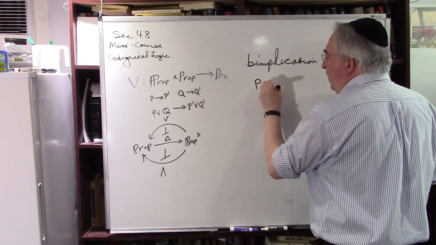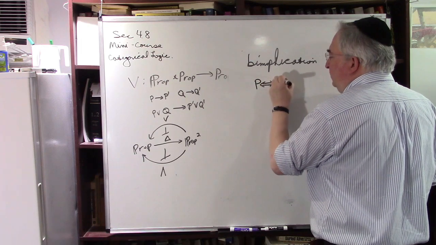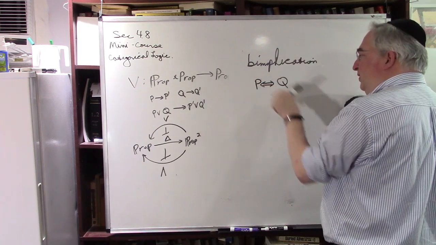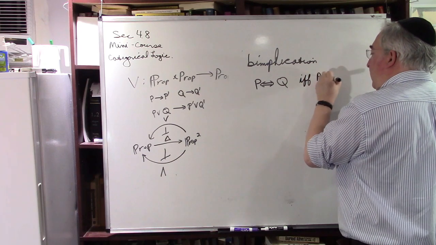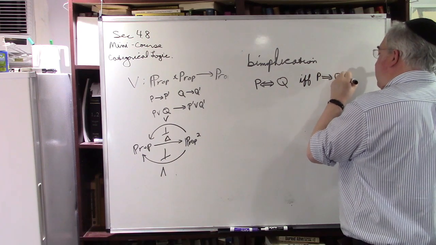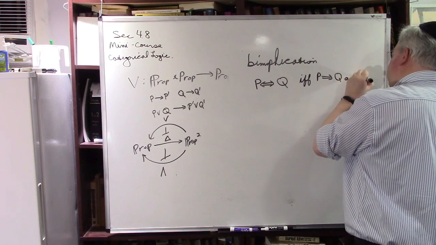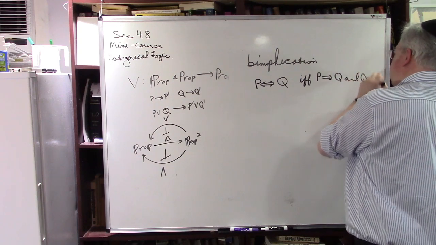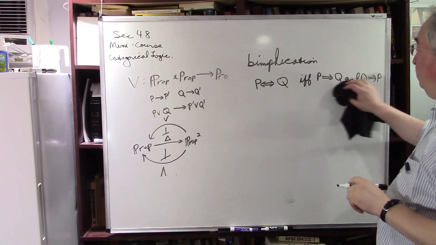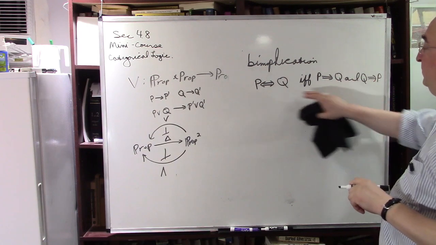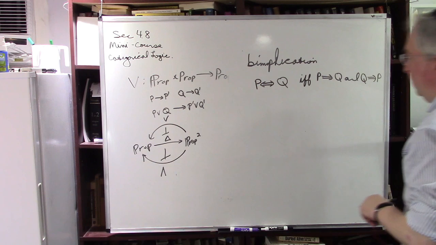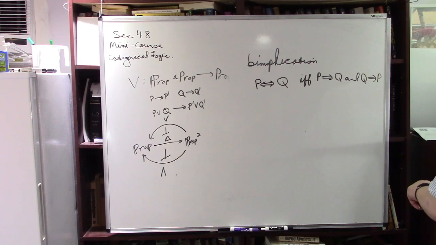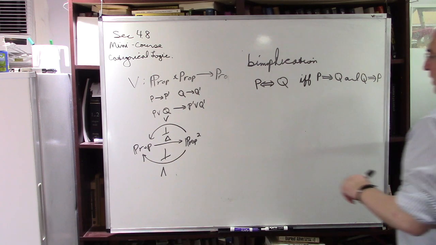P biimplies Q. It means it implies this way and this way. If and only if P arrow Q and Q arrow P. So when both this happens and this happens, we can write it like that. Okay, so that's biimplication. Okay, great.